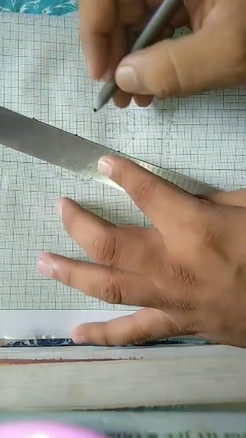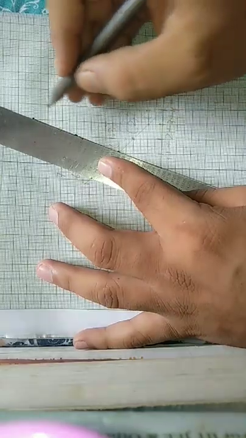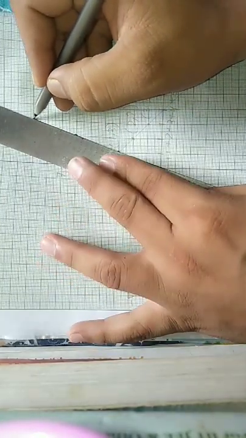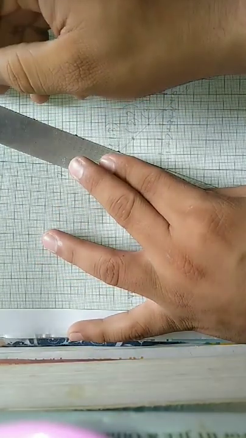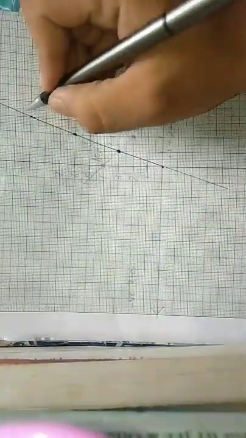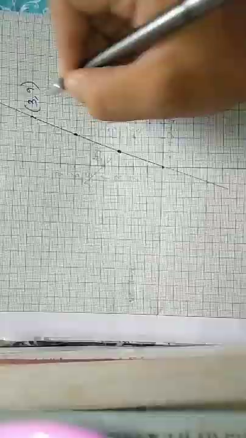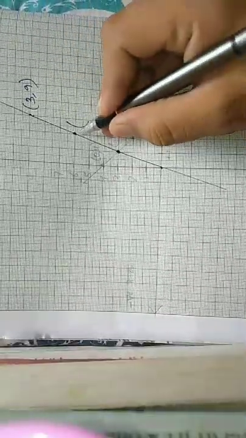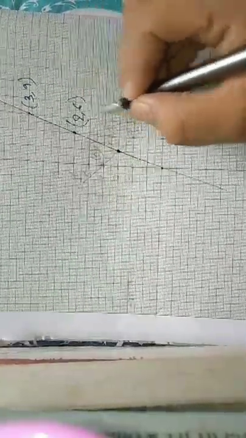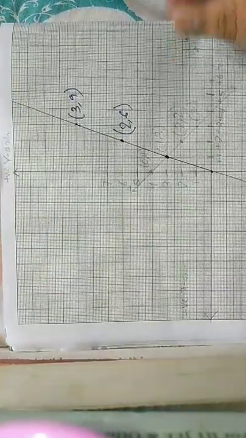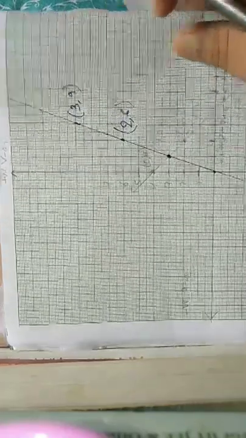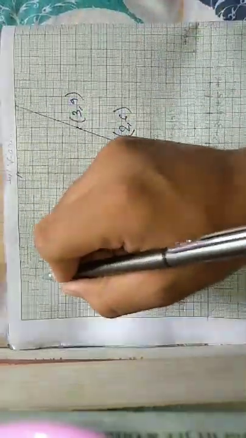Make sure when you're going to extend, every point is matching. Now from this point we got it. This point is 3 comma 9, this point is 2 comma 6, this point is 1 comma 3 as told, right students? Okay, so you see, I'll tell you one thing. This is y is equal to 3x, correct?